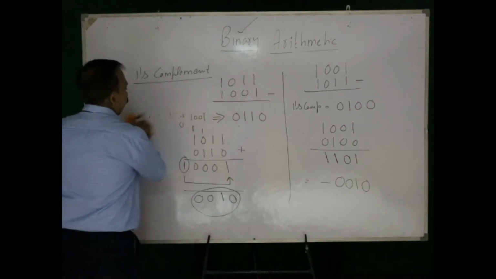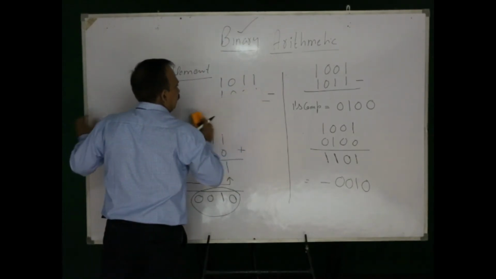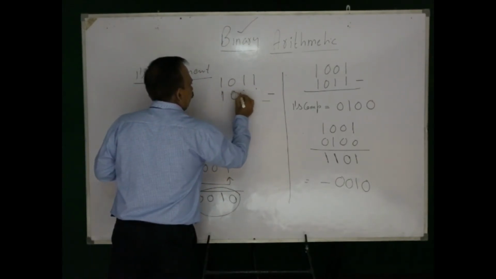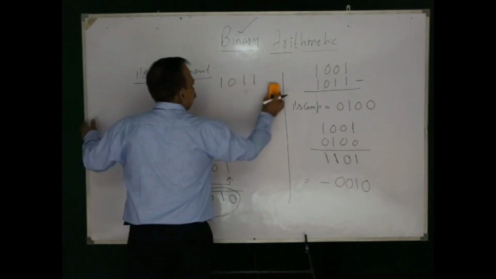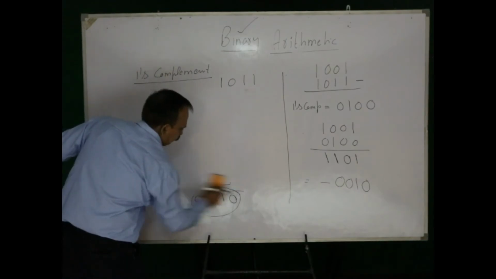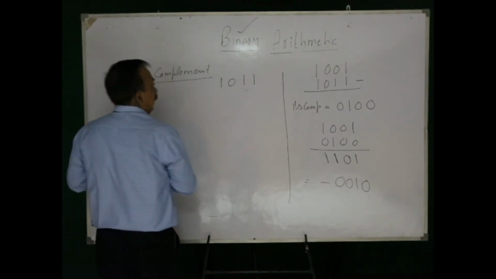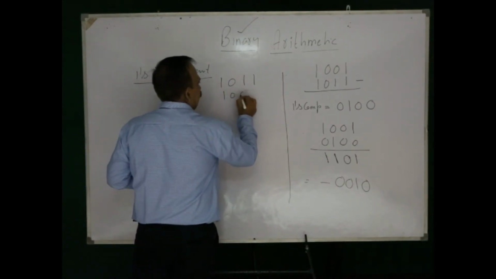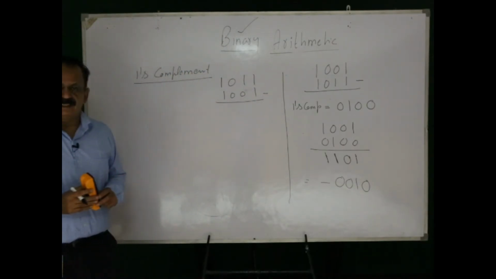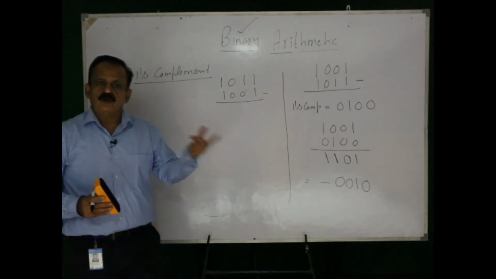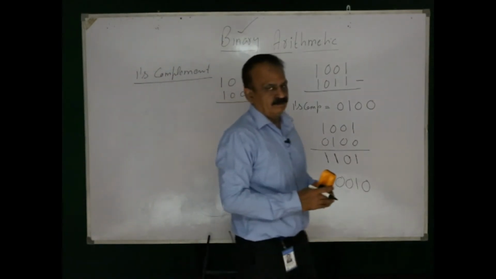On the similar lines, we can have 2's complement method for subtraction. Now the rules for 2's complement subtraction. The first is find 2's complement of the negative number. Find 2's complement instead of 1's. Add 2's complement to the other number.